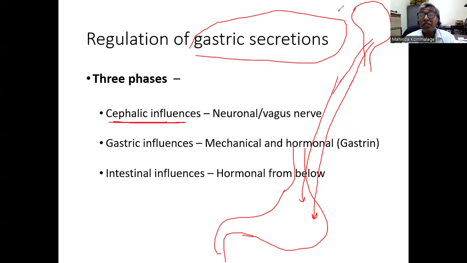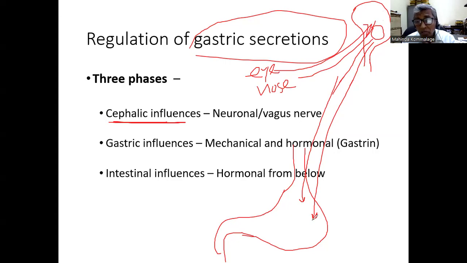So these factors will send impulses to the brain from the eye, from the nose, right? Or even thinking will send impulses to the brain, and there's a regulatory center somewhere here, and through that center, impulses will go to the stomach and initiate the secretion.